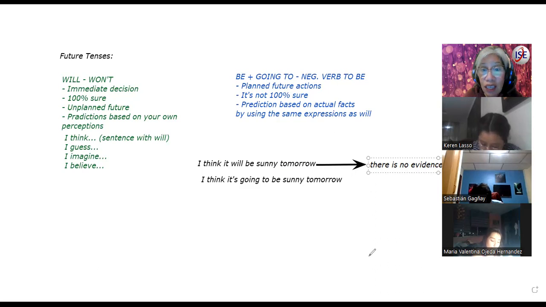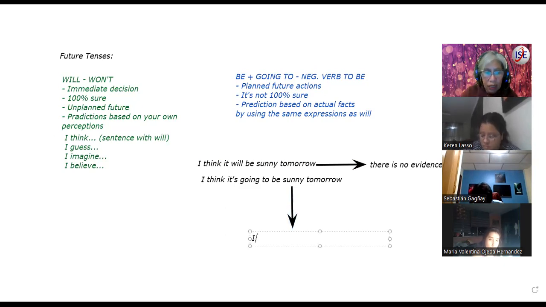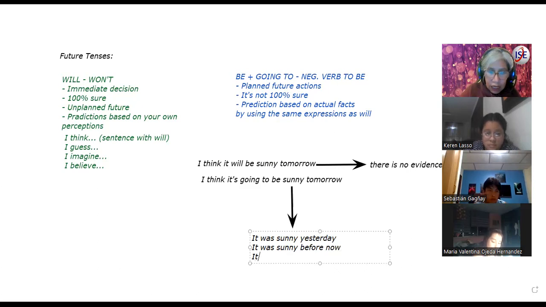But in the second case, we have evidence. For example, it was sunny yesterday. It was sunny before now. It's summertime.